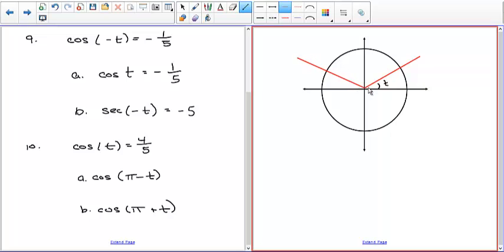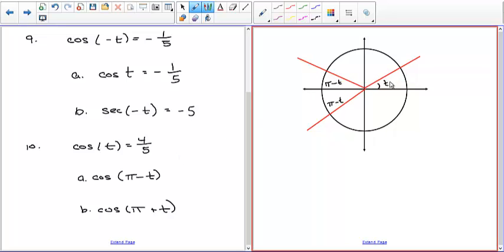And if I take pi plus this angle, it's going to be there. So this would be pi minus t, and this would be pi plus t. So you can see they have the same x and y values, except the signs are different.